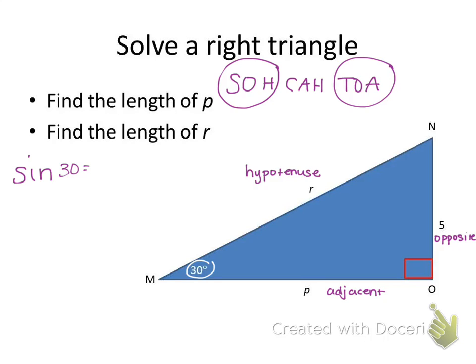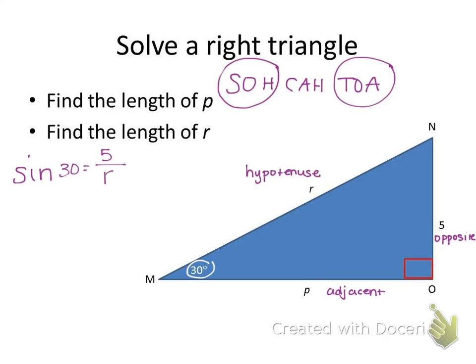So the sine of 30 is equal to opposite over hypotenuse. I know my opposite is 5 and my hypotenuse is R. I don't know what R is and I want to solve for it. So now we have the perfect blend of algebra and geometry, because I've got to use algebra to solve for the side length of R.